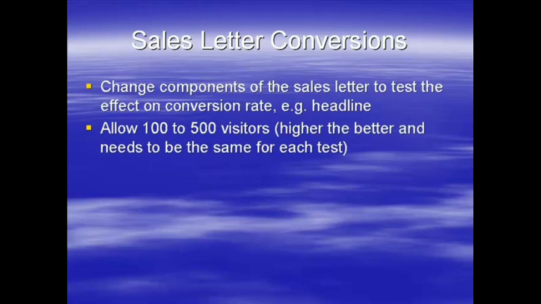You want to make one change at a time, and then you want somewhere between 100 and 500 visitors. Basically, the higher the better, because that allows you to get a statistically significant sample, which means that it's going to be accurate. For every single test you need to have the same figure.